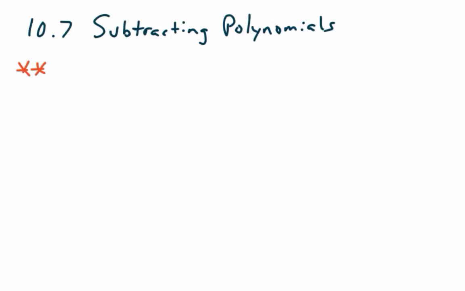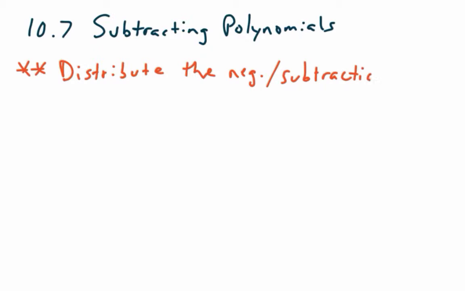The thing you do before really adding, the thing that changes the subtraction problem to an addition problem, is you distribute the negative or the subtraction to each term, because the subtraction is really kind of like a negative.